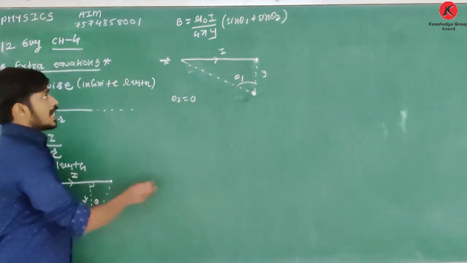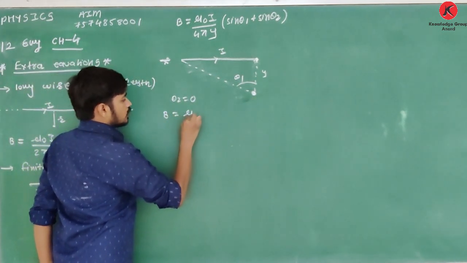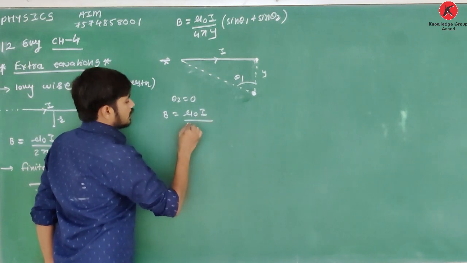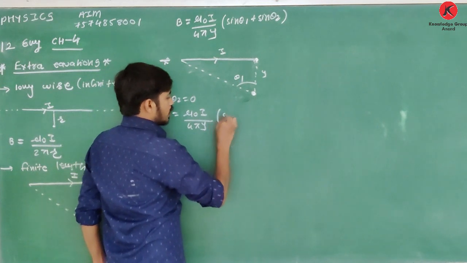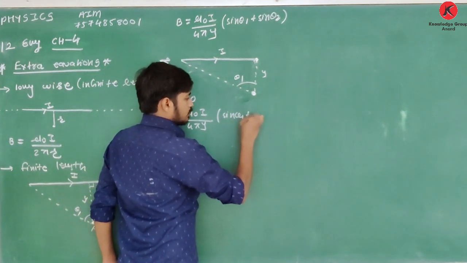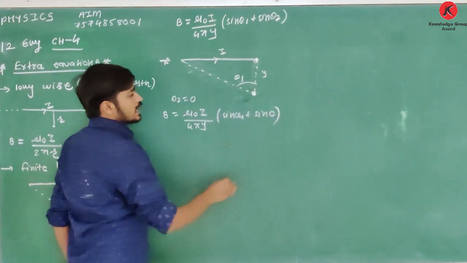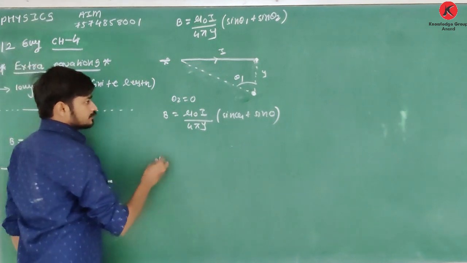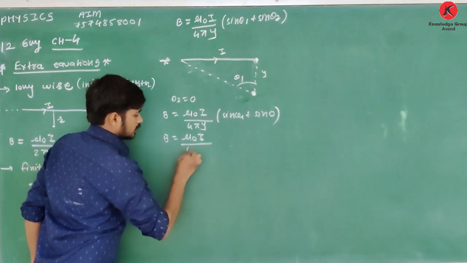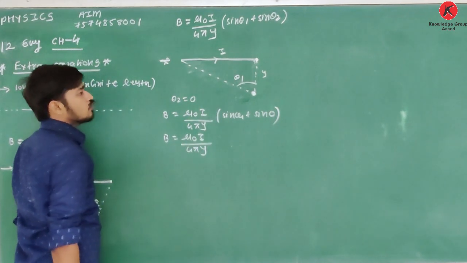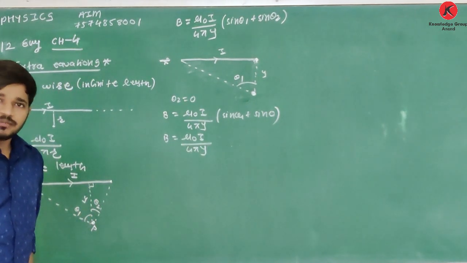Putting in the above equation, you will get B equal to mu 0 I upon 4 pi y into sin theta 1 plus sin 0, and sin 0 is 0. So B is mu 0 I upon 4 pi y. Clear about this?